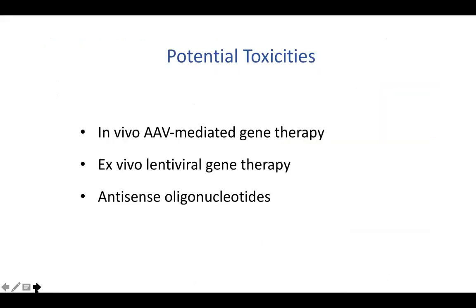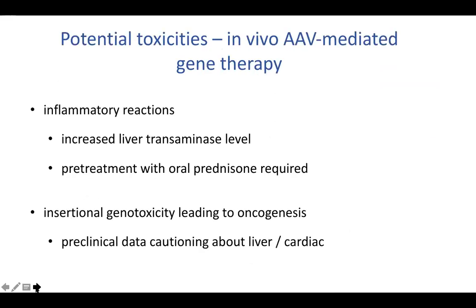So just to mention in closing that there are potential toxicities of all of these three approaches. On the one hand, in vivo AAV gene therapy can lead to inflammatory reactions. You can see a rise in certain liver enzymes, which is why these children are often placed on oral prednisone, so that the immune suppression avoids this type of inflammatory reaction in the liver.